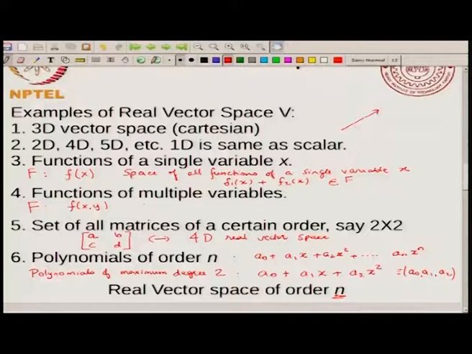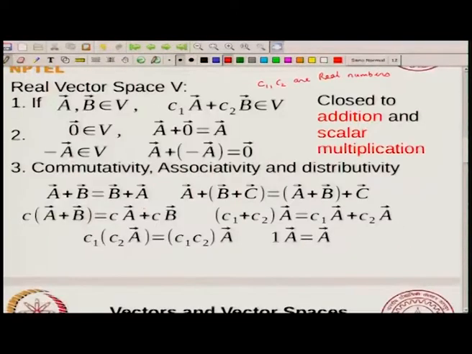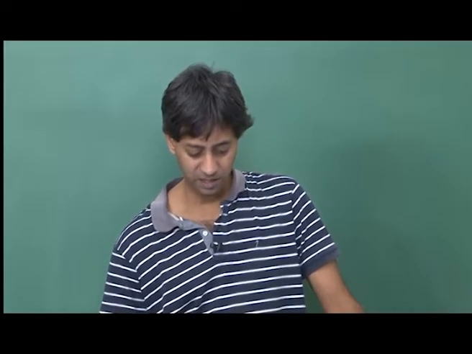Now notice that when you see the axioms of a vector space, they only talk about addition of vectors and multiplication of a vector by a scalar. So they do not actually talk about multiplying two vectors. And the reason for that is that there are many ways to multiply two vectors, so there is not a unique way to define multiplication of vectors.